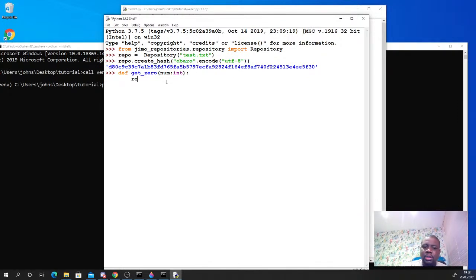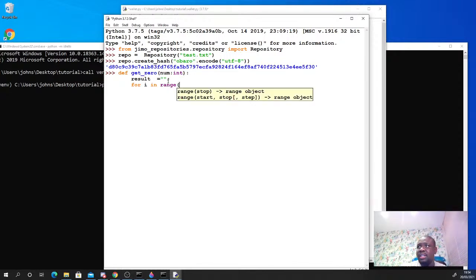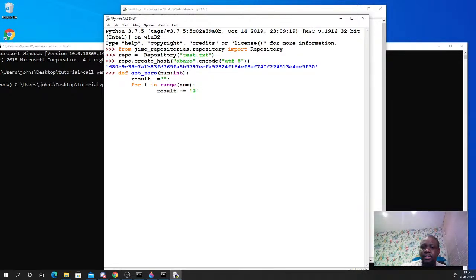So it's going to be result, and it's going to append. So you say for i in range. If you don't understand this, just know that it's a computer program I'm using to tell this machine to do what I want. So I'm just going to have the number of zeros that I wanted here. As you count, just keep returning the number of zeros.